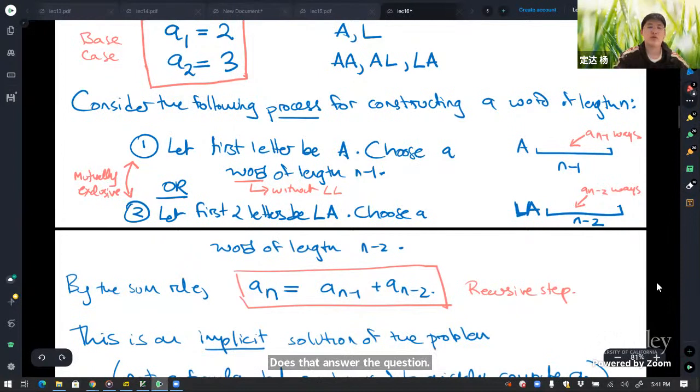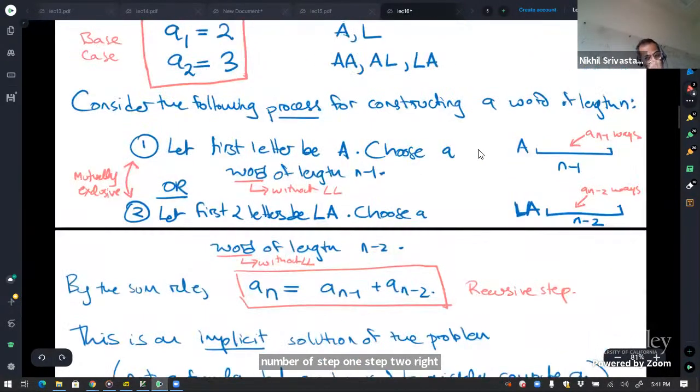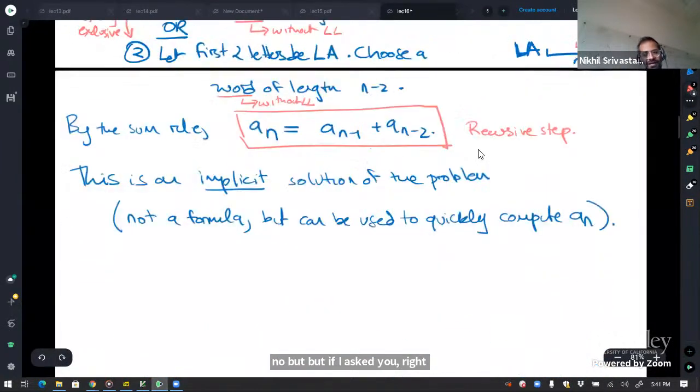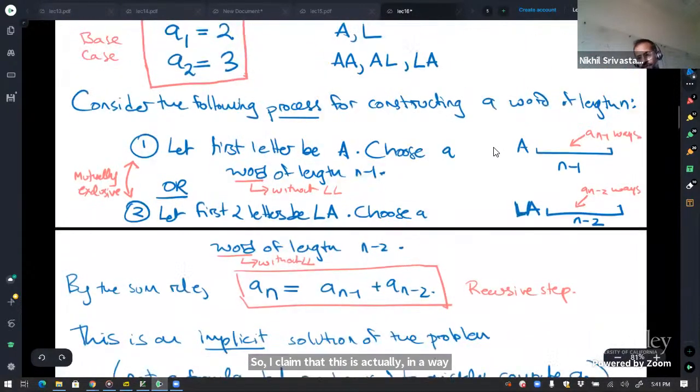Yeah, but we still don't know the actual number of step 1 or step 2, right? No, but if I asked you, right? So this is what I'm getting at. This is what it means, what does it mean to know the answer, right? So I claim that this is actually, in a way, knowing the answer, because if you plug this into a computer, it could very quickly tell you the number, right?